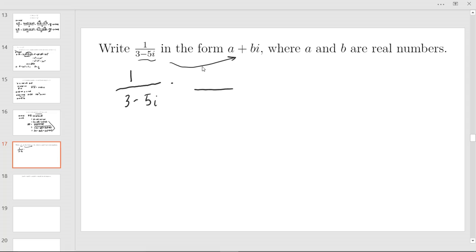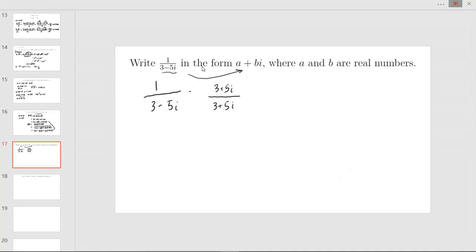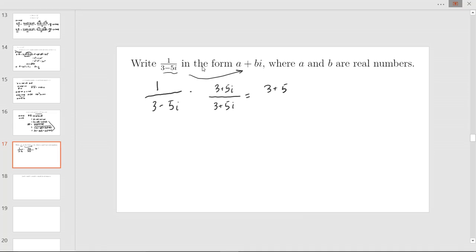So we have a 3 plus 5i in the numerator and a 3 plus 5i in the denominator. So the numerator is 3 plus 5i, and then we have 3 minus 5i.